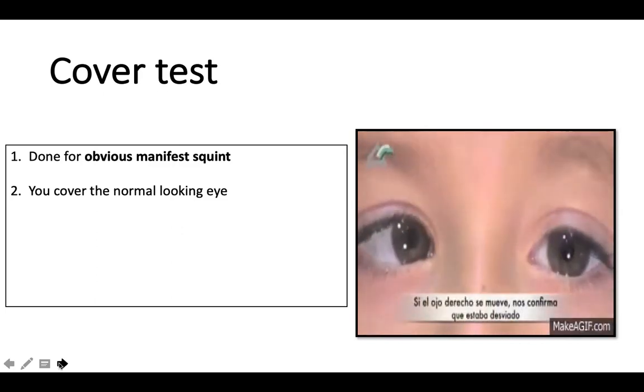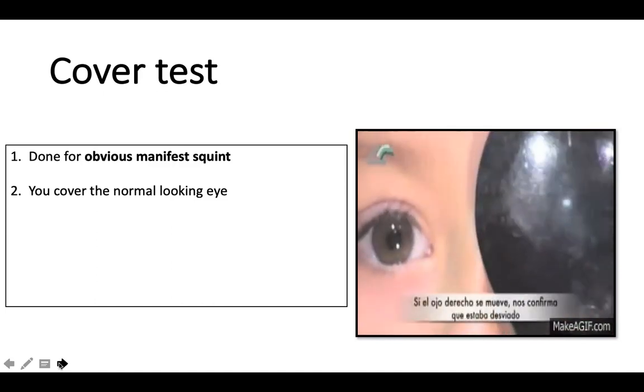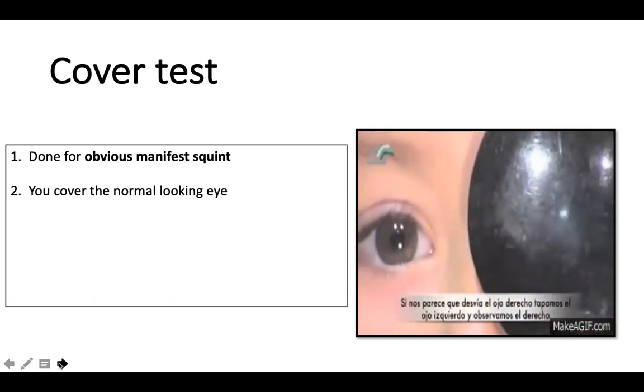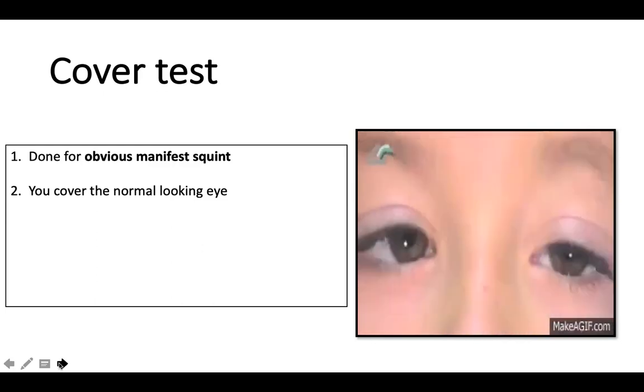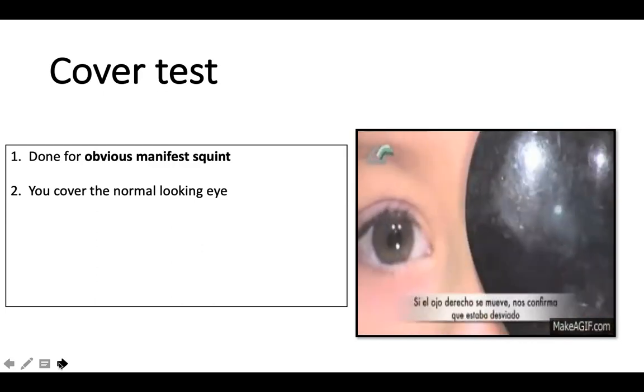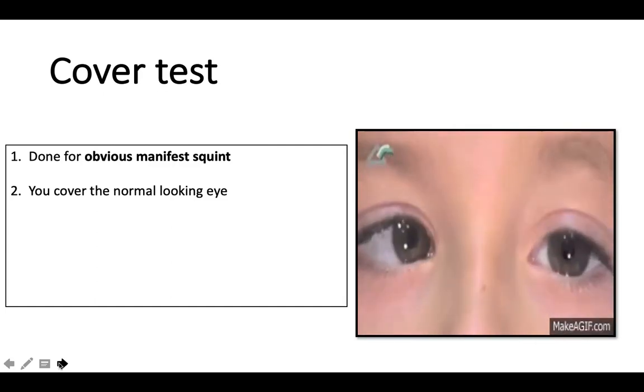In a case of a non-paralytic squint, usually because of a congenital squint, once you cover the normal looking eye, the eye which has the squint would then move on to another primary position. Whereas in a case of a paralytic squint, once you cover the normal eye, the eye that has the squint does not move, it stays in the position as it was.